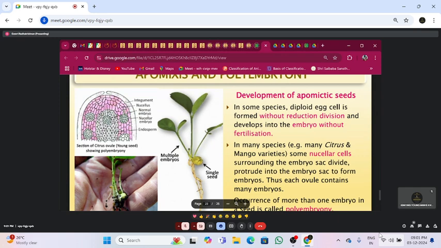Sometimes without reduction division, the embryo develops without fertilization. In many species, like many citrus or mango varieties, some nucellar cells surrounding the embryo sac divide and protrude into the embryo sac to form embryos. Thus, each ovule contains many embryos.